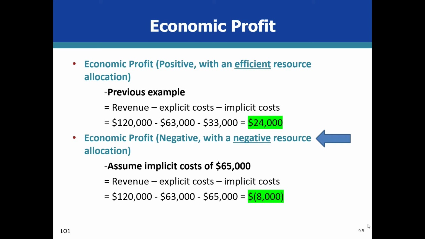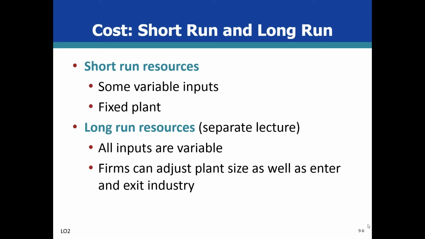And perhaps we are underutilizing the overall resource base that we are employing in this business. Very, very important concept that you would not get just by looking at accounting profit.